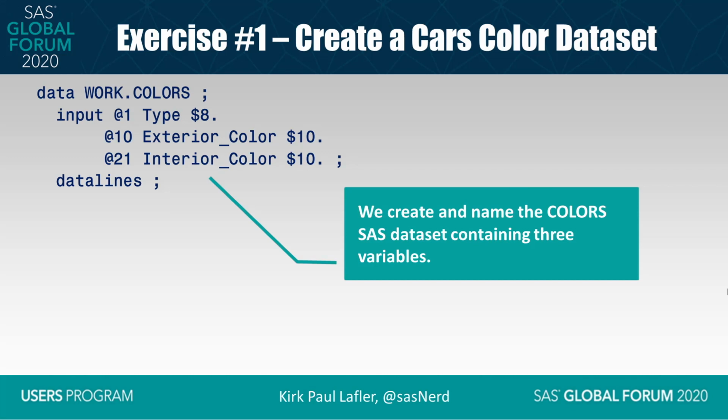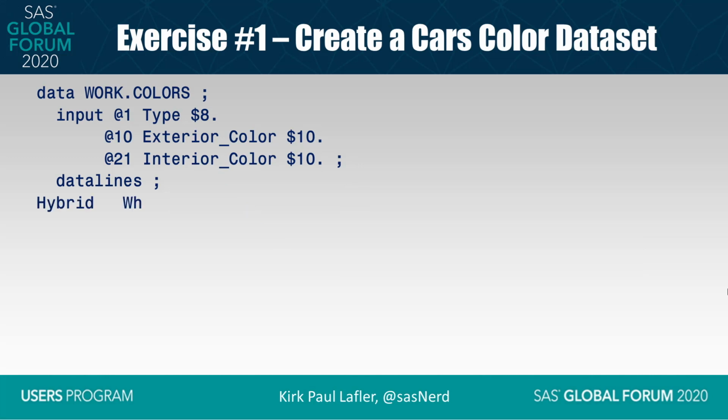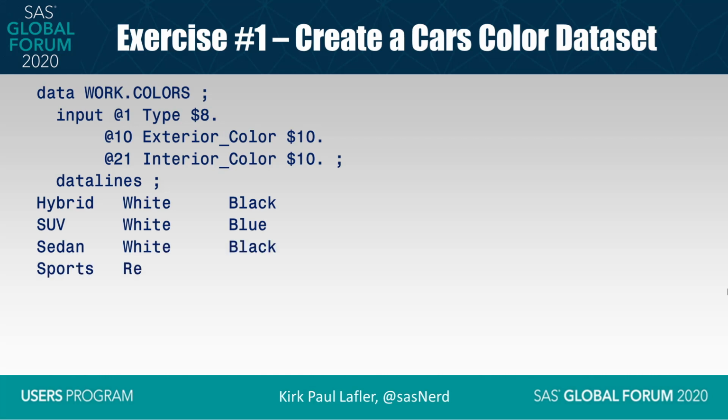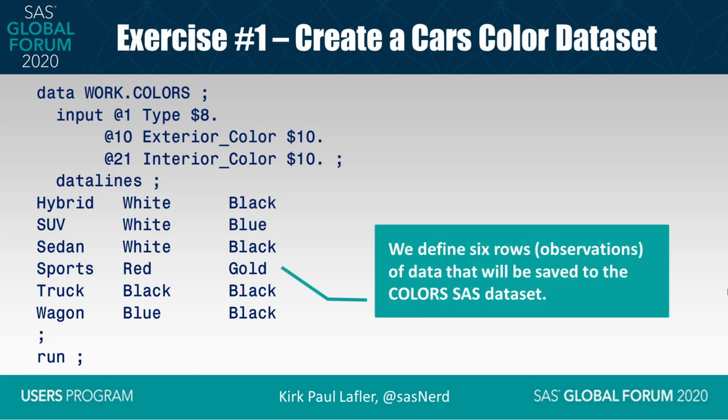It has three variables: type, which is a character variable, exterior color, and interior color, which are also character variables. And as you notice here, the data lines, we're going to actually type in the physical data lines, which consist of 6 observations or rows, into this code, followed by the semicolon and then the run.